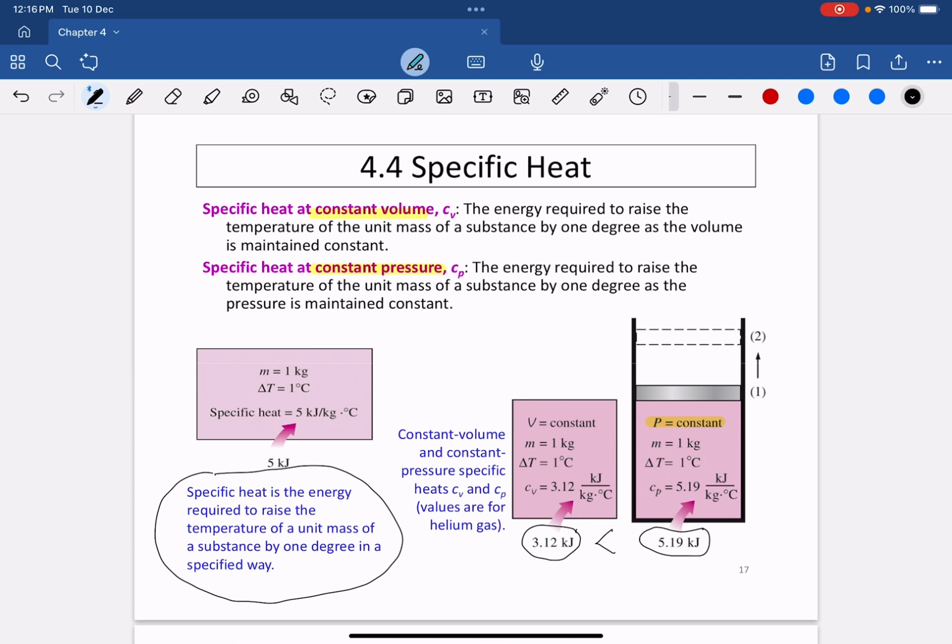The energy required to raise the temperature by 1 Kelvin or 1 degree Celsius for a constant pressure system is always larger.